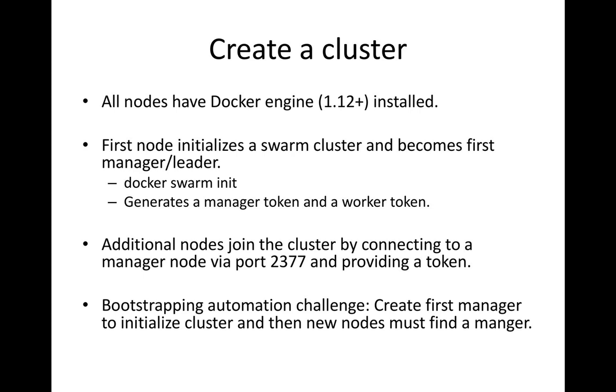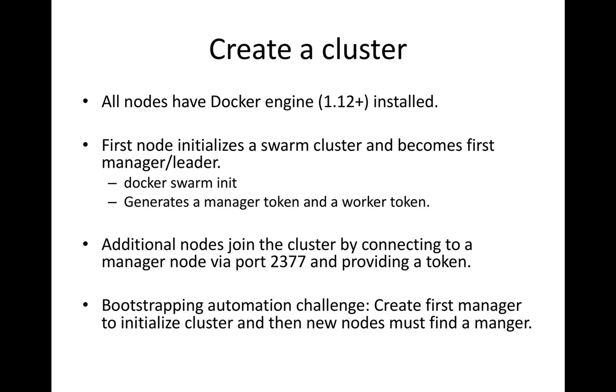So how do you create a cluster using Docker Swarm mode? Well, first of all, you start with a set of instances, one or more, like EC2 instances that have the Docker engine installed, and it has to be at least Docker engine version 1.12 or above.